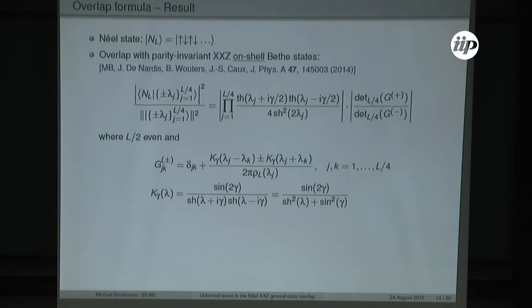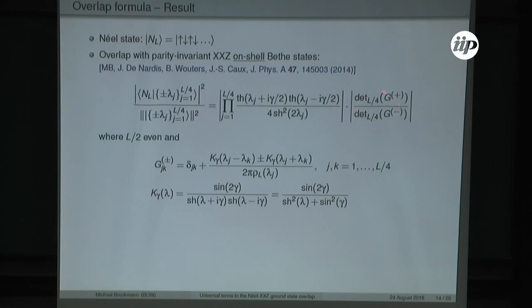Now for the Néel state, there is this nice formula for the overlap of the Néel state with an arbitrary on-shell beta state. It has the following structure: a prefactor depending on the lambda_j just by a product of a function which depends on a single beta root, times a ratio of two determinants.